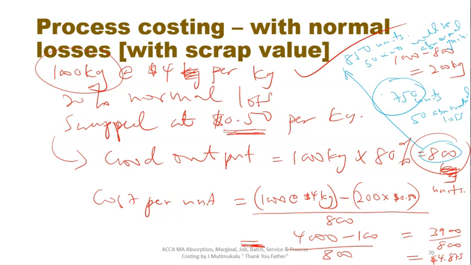In other words, you could simulate the abnormal loss by removing the goods from the finished goods output.